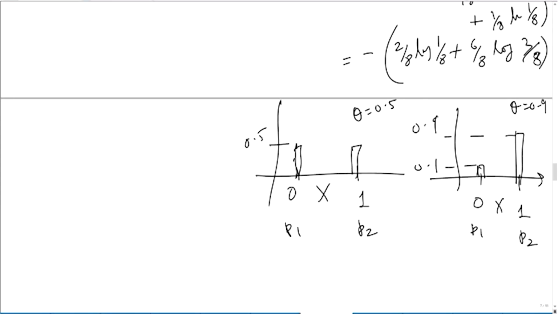Basically, when you toss a coin, let's say this is a coin toss experiment, this is heads and this is tails, right? In which case is there more uncertainty? Well, in this case you are almost sure that 90% of the times you are going to get tails. In this case you are less sure, because 50% of the times you would get heads and 50% of the times you would get tails, right?